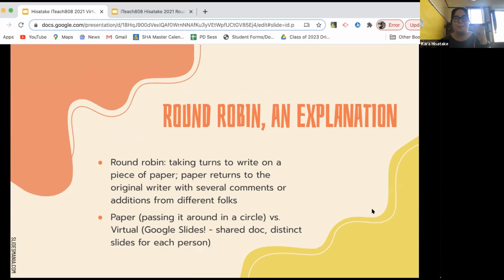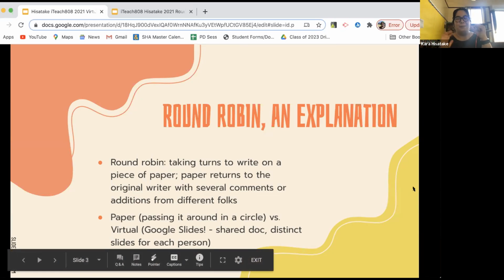So it might happen in groups, it might happen in an entire big circle, but basically round robins are a way to put something down on a piece of paper, and then that original writer gets to pass their writing on and have other folks comment on it, add to it, do different things to it.